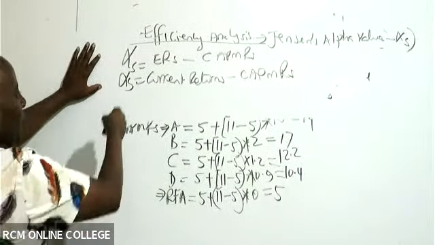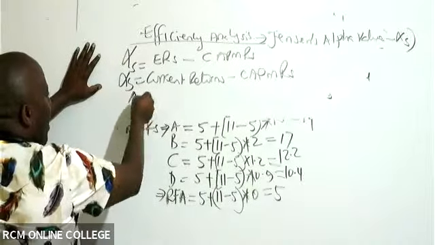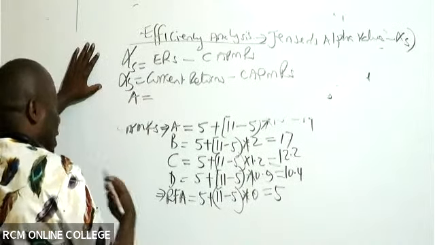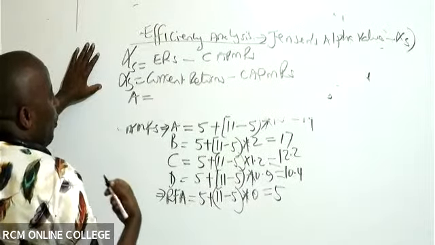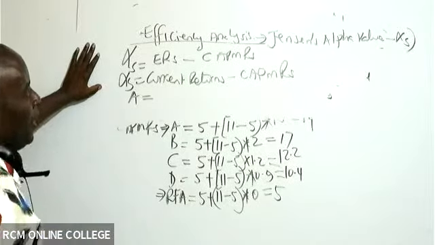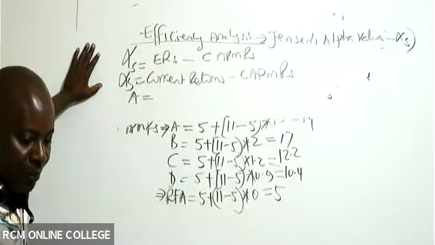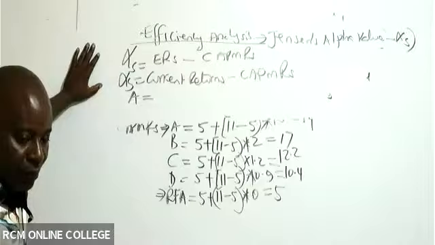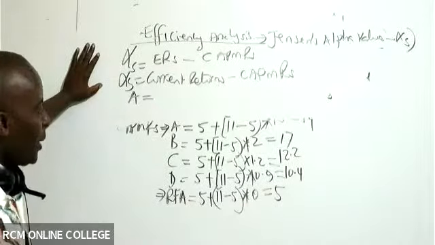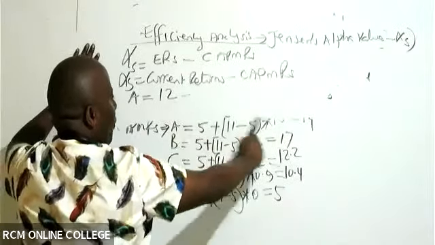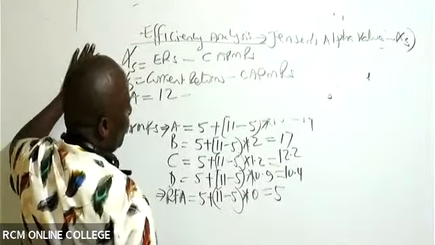So you start with A, the alpha value for A. Are you able to see the current return of A? It's 12, isn't it? So the current return of A is 12 minus the CAPM return of A, was it 14?